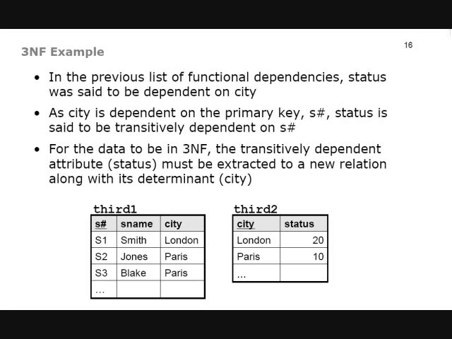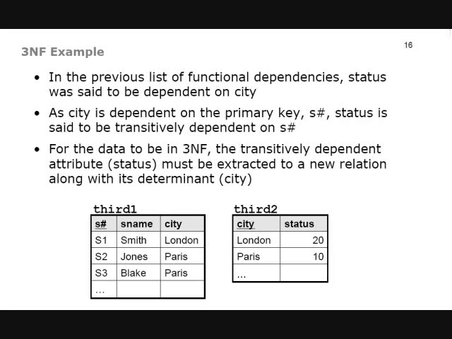So what I am going to end up with is that I take my transitive dependency and I send it to a separate table with the determinant as the key. So I need to break down my original relation, which was in second normal form, and say, okay, in third normal form, I have the S number, the S name, and the city, and then I send the transitive dependency to another table, which is going to have city as the key and status as the additional field.